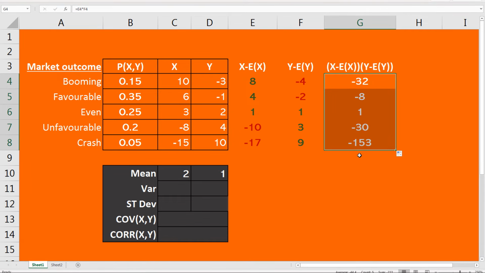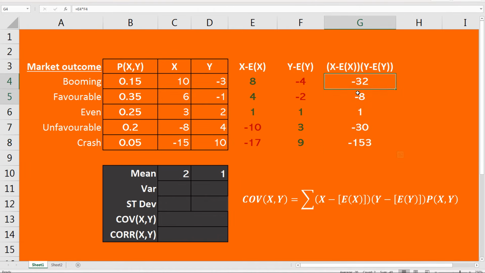Pretty nice. So if we want to find the covariance, we're going to have to do something similar to what we did in the previous example, which is find the average of these products. However, don't forget this is not data from a sample. This is a theoretical distribution that has a probability associated with each of these outcomes. So that's why the formula looks a bit like this. We take that product and we multiply by the probability each time before we add them together.